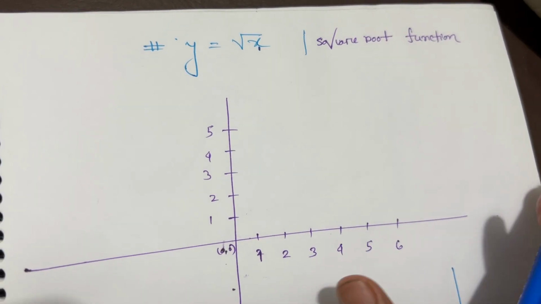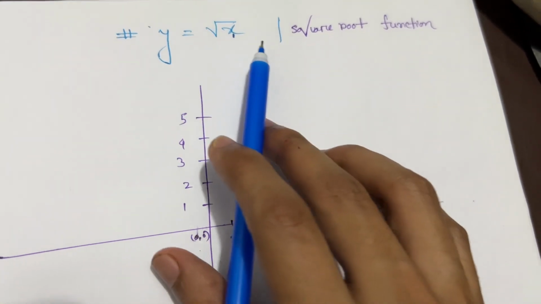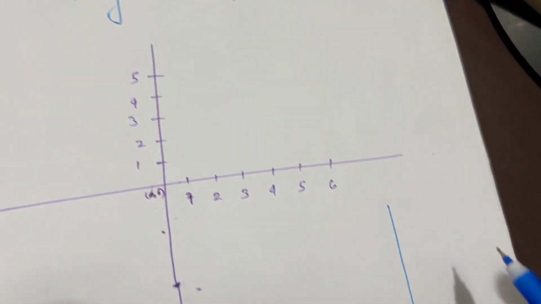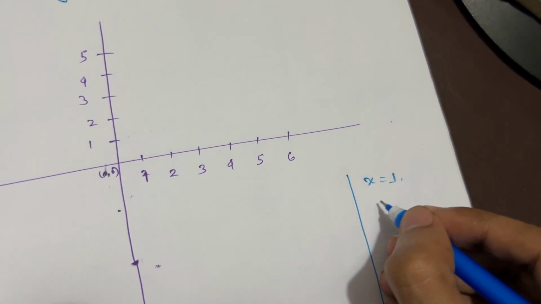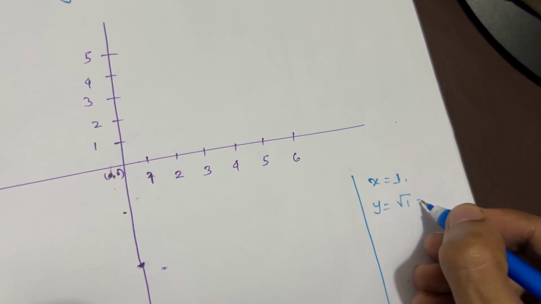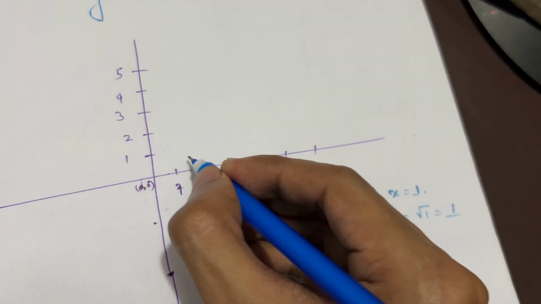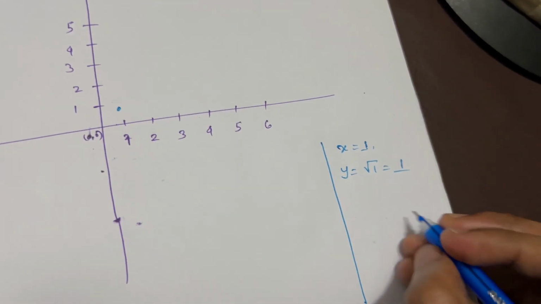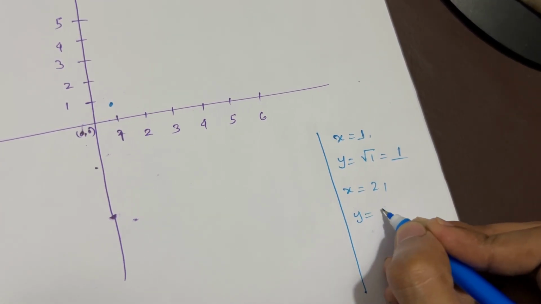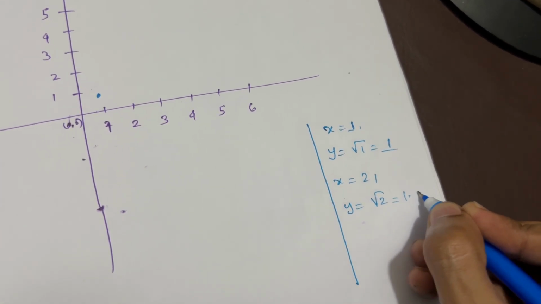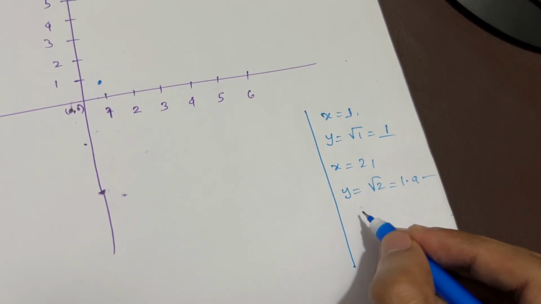Like in the previous examples, I'm going to take the value of x here, like x equals 1. Then y equals root over 1, which is also 1. If x equals 2, then y equals root over 2, which is 1.41 something, but we don't need to consider that.